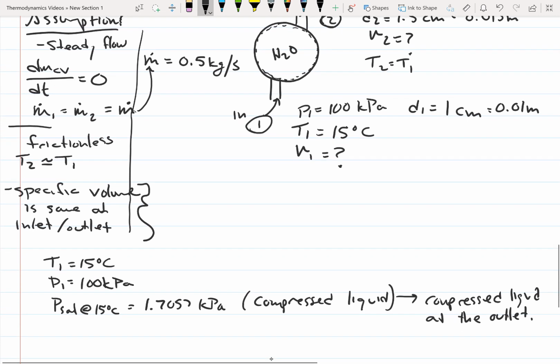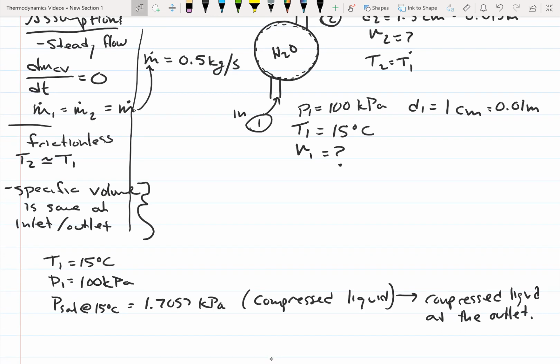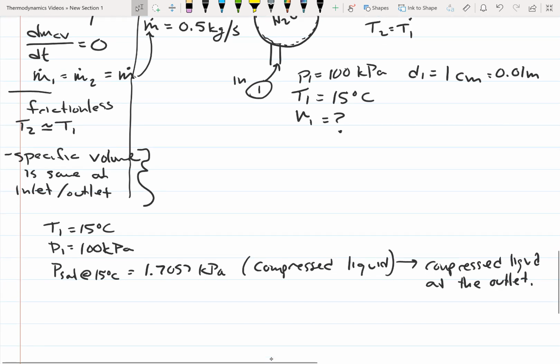Now, as far as the specific volumes being the same, if we actually had a table that we could look up the compressed liquid at the pressure and temperature, then they probably would be slightly different in reality. But the problem is we don't have data available for compressed liquid water at this temperature and pressure. And so we're going to assume that the specific volume is the specific volume of the saturated liquid.